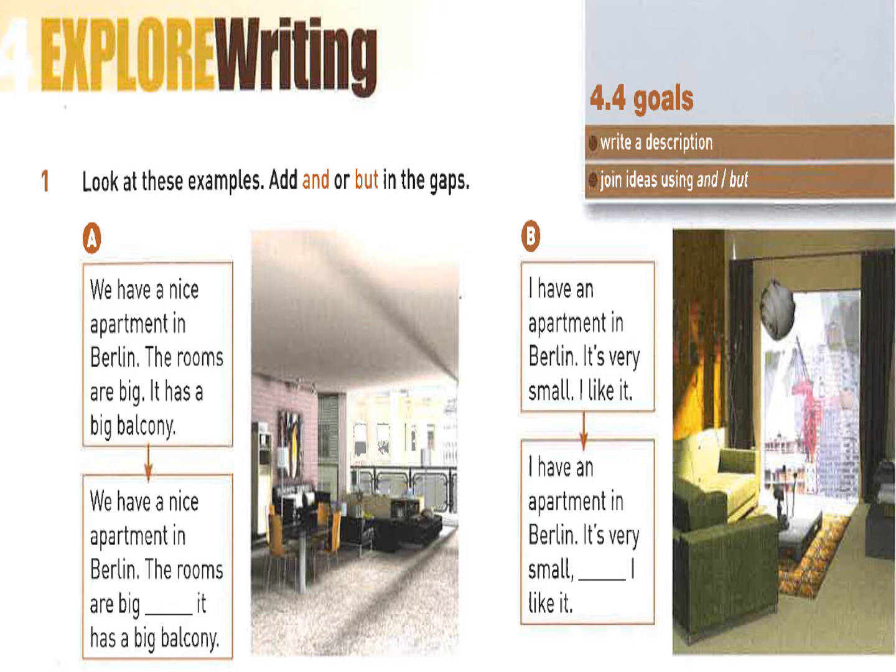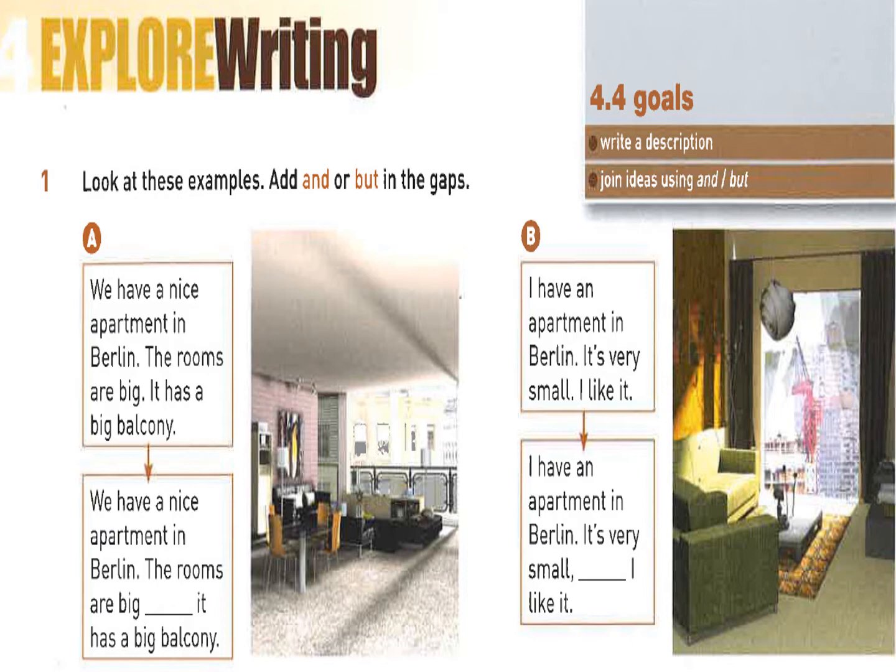But if you give some good information about something and then you want to add some bad information, so it's different, we use but. Listen to these examples. A. We have a nice apartment in Berlin. The rooms are big. It has a big balcony.